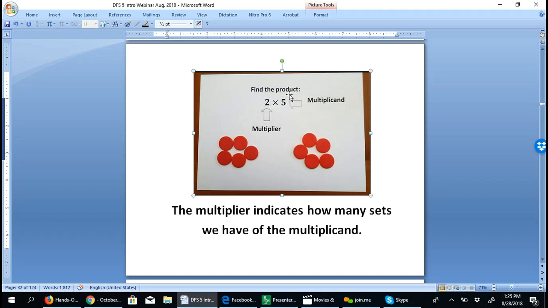In figuring out a multiplication problem, we always begin with the multiplicand. In this case, it's 5. And 2 tells you that you need 2 sets of them. So 2 times 5 means 2 sets of 5. So we always set up the multiplicand first, and then the multiplier tells you how many sets. The multiplier indicates how many.